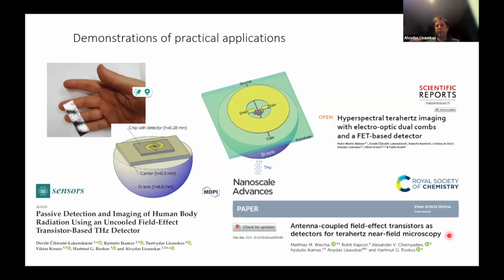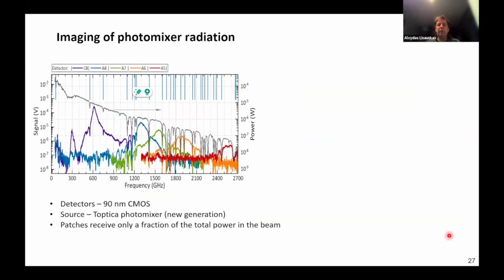So the same that has been done with standard Schottky diodes and standard sources can now also be done with field-effect-transistor based devices. I would like to outline a few performances here, and one of them is, as you saw, the number of devices we applied for imaging or detection of the photomixer radiation.